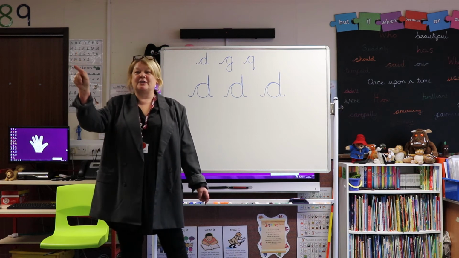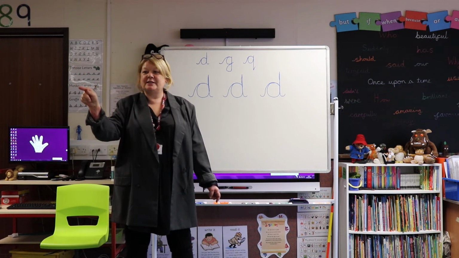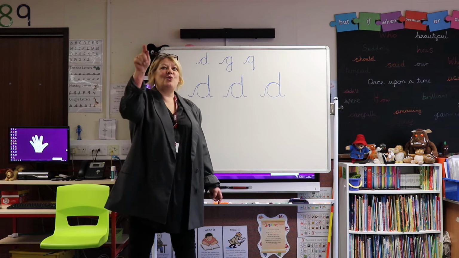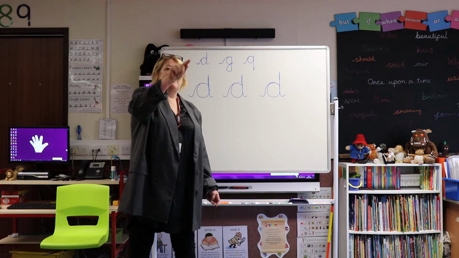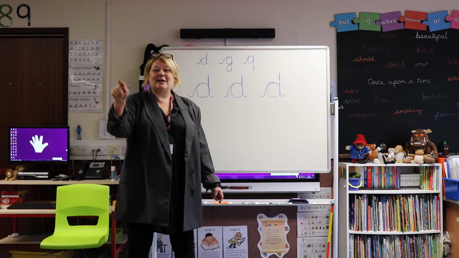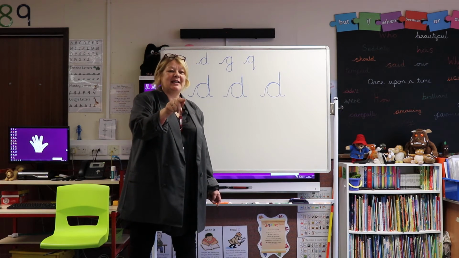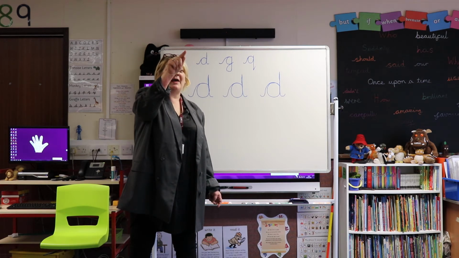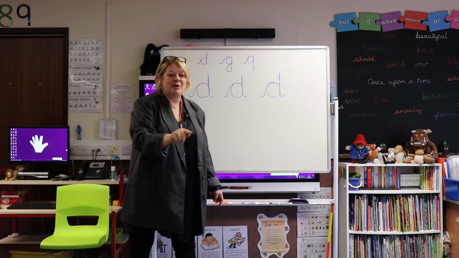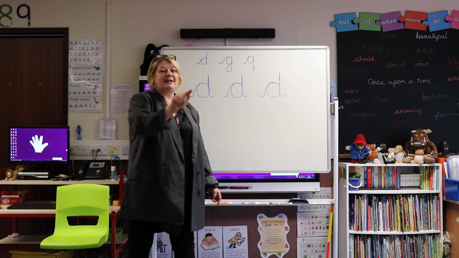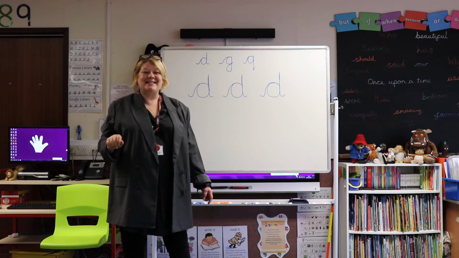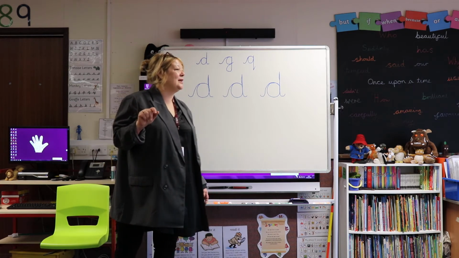Let's try again with our magic finger. Starting with the leading on the line, all the way to 2 o'clock, back to 10 o'clock. Keep on going, it's looking like a C, an A. Oh, up there and back down below the line, and a loop. That's a descender, it goes below the line.